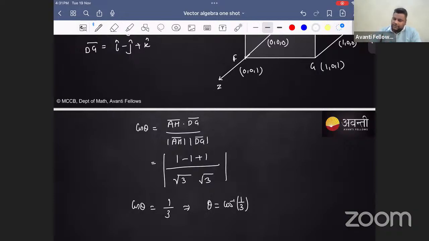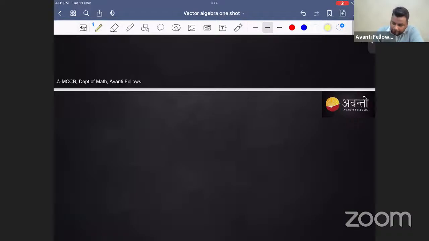Now, see next question. Magnitude of A is given as 2. Magnitude of B is given as 1. And angle between A and B is 60 degrees. All right.